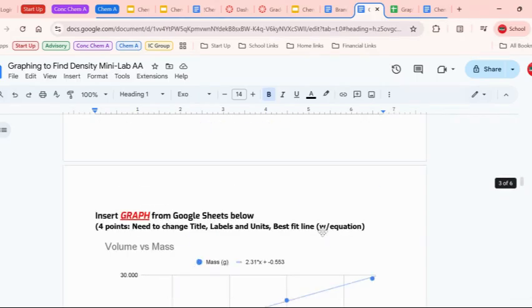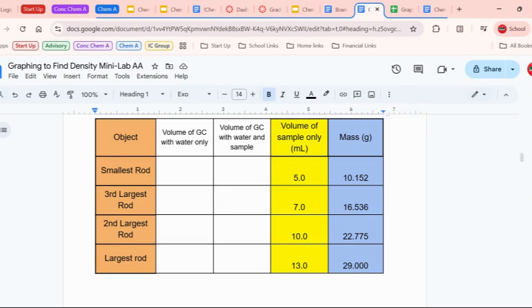Now if we go back and look at our numbers here, ladies and gentlemen, all of our masses are to 5 sig figs. But for the two smallest objects, the volumes are only to 2 sig figs. So when you divide these numbers, your density can only be to 2 sig figs. When we get into the two larger objects, their volume is over 10 milliliters, so that gives us 3 sig figs here.